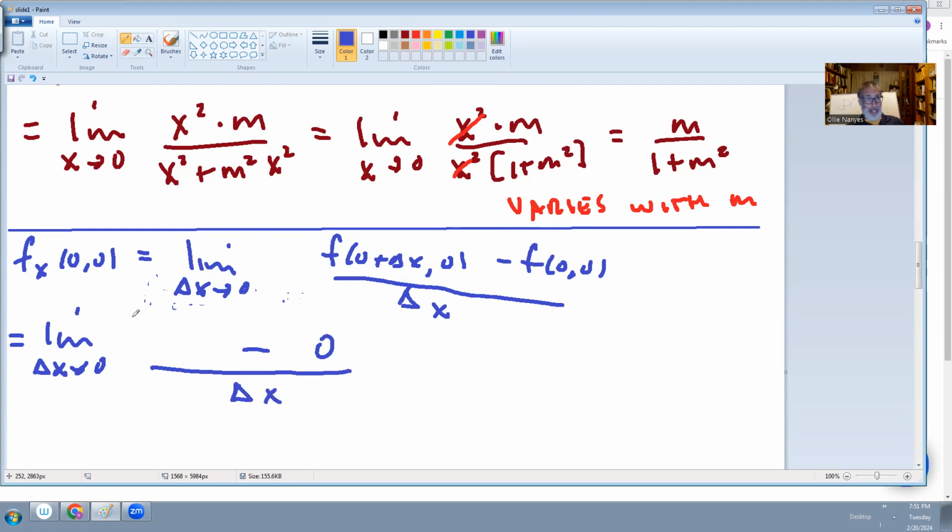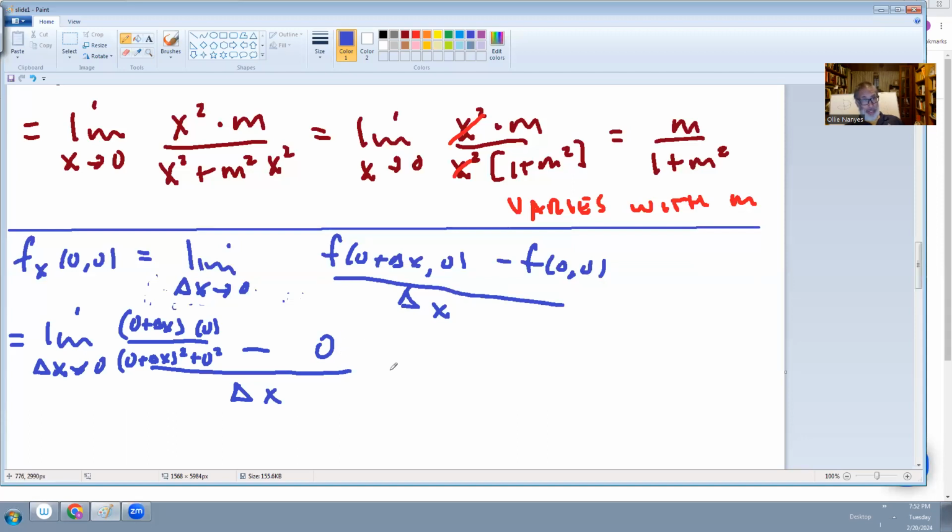And then this part here, if we plug into our formula for x, we have 0 plus delta x times 0 divided by (0 plus delta x) squared plus 0 squared.